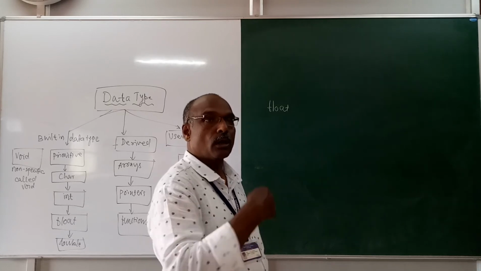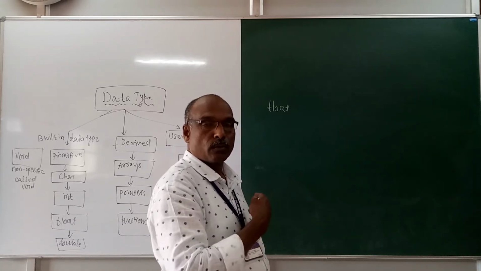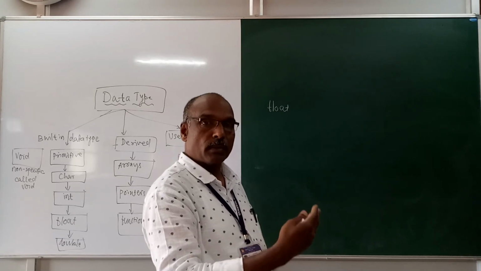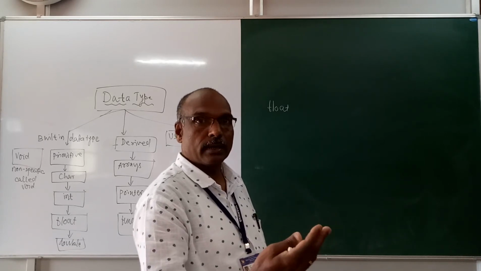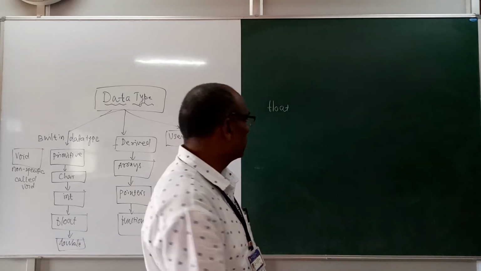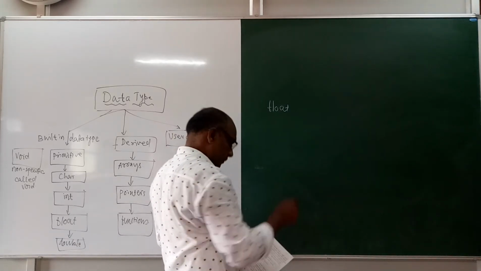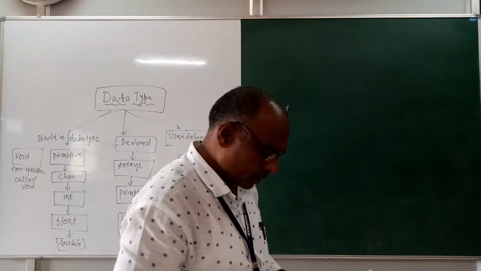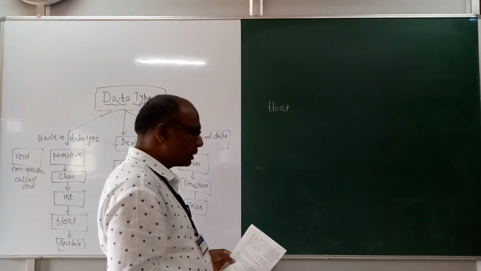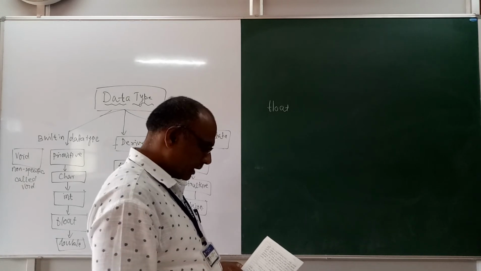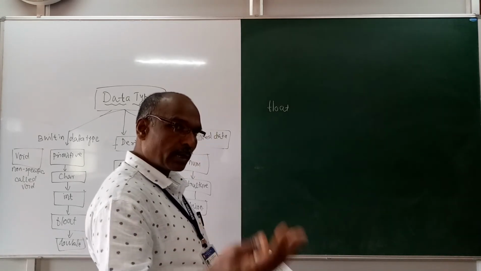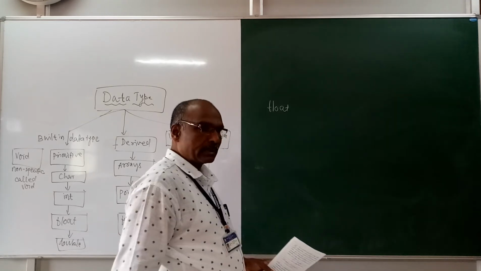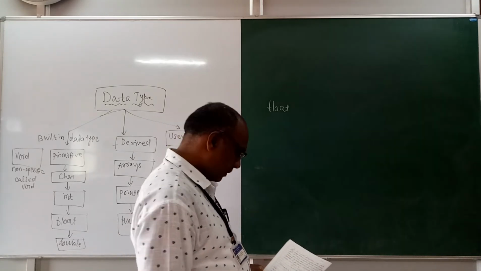So that is the floating of the decimal during the manipulation of that real number, and therefore it is called floating. They are called floating point numbers because the decimal point is shifted to the left or to the right during the manipulation.